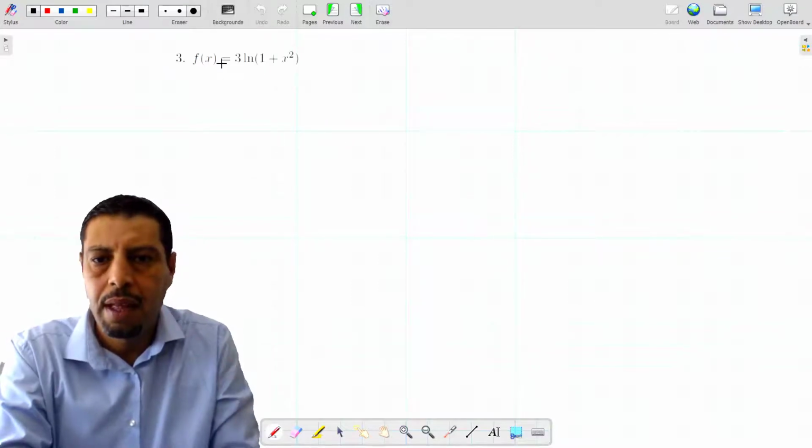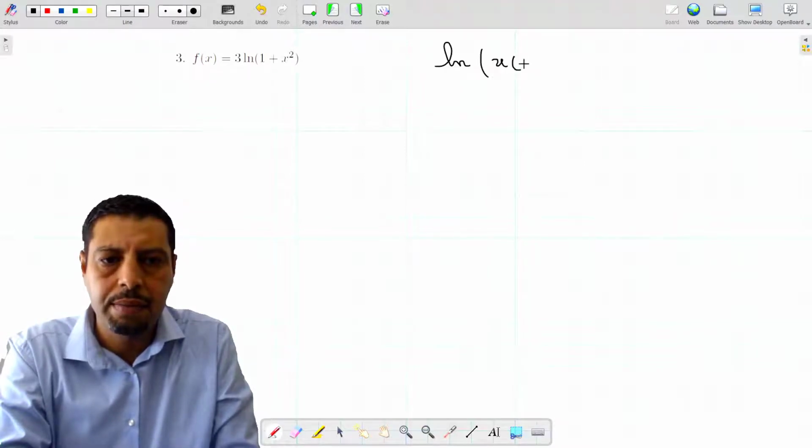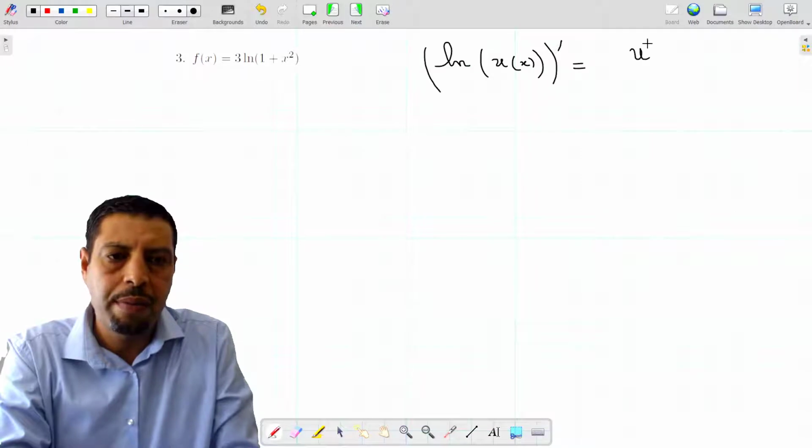Next one, f of x equals 3 ln of (1 plus x squared). Remember that the derivative of ln of u of x is equal to u prime of x over u of x.